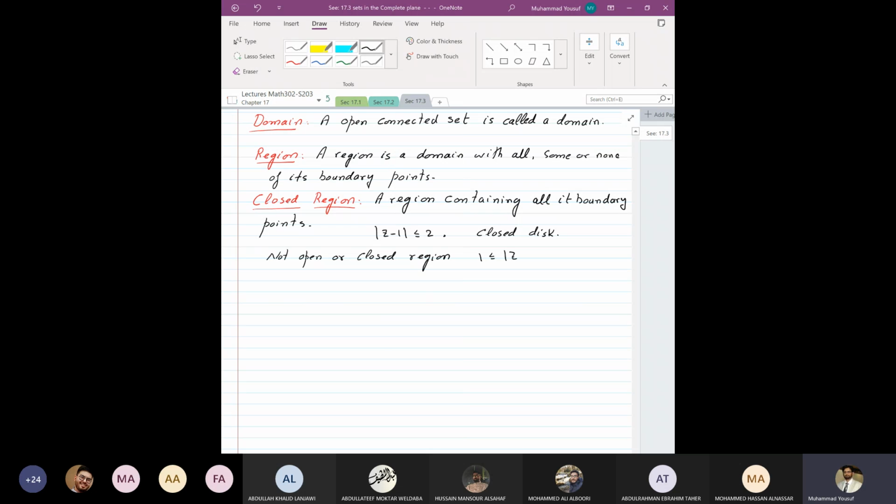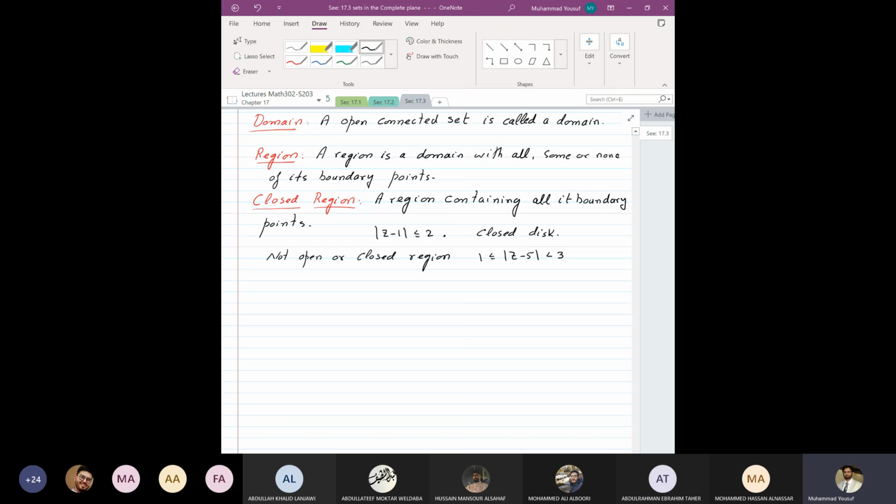Say 1 less than or equal to |z - 2| less than 3. It contains some of its boundary points, so it is neither open nor closed.